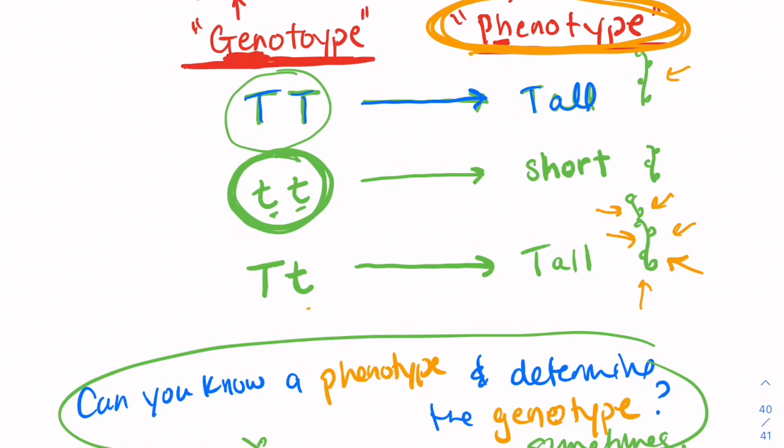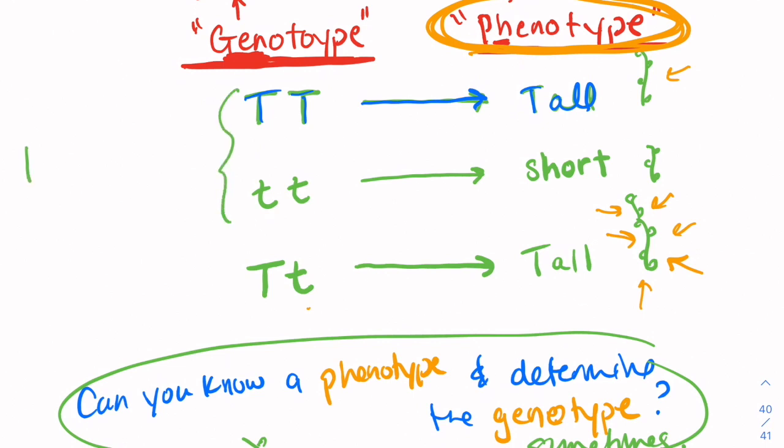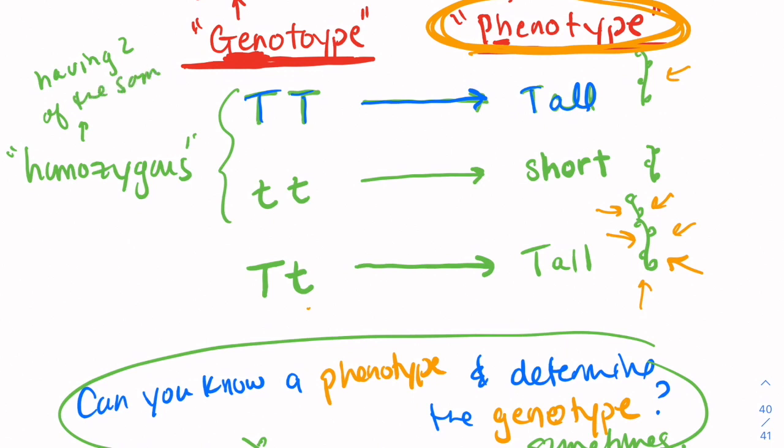We say that these 2 genotypes are what we call homozygous. Homozygous means having two of the same alleles.